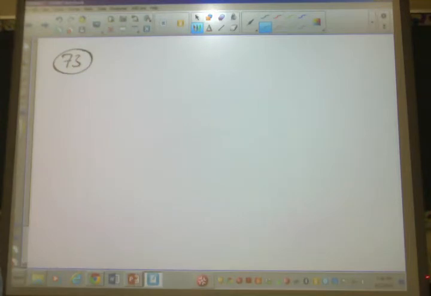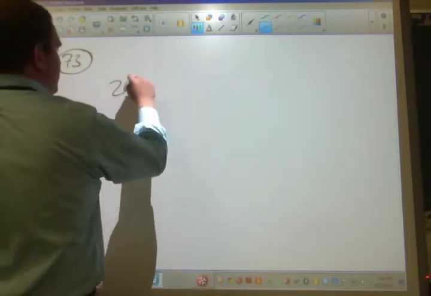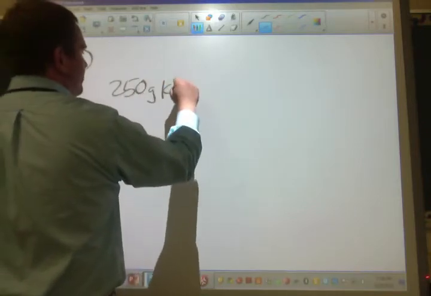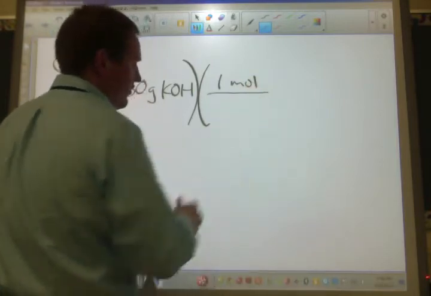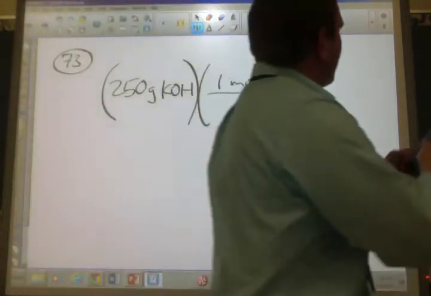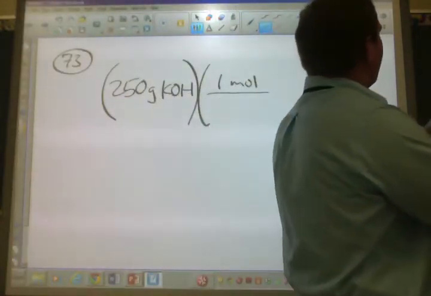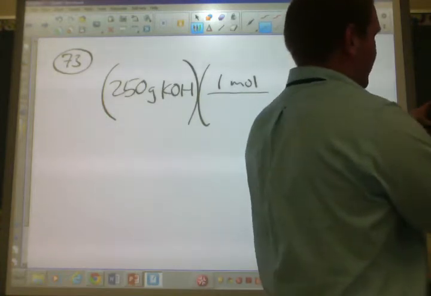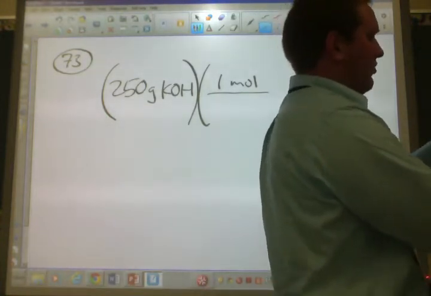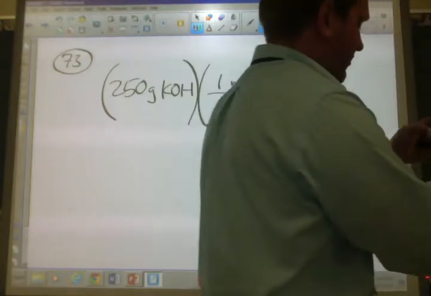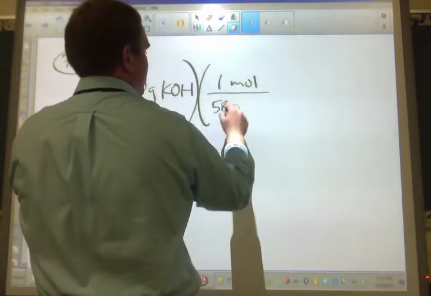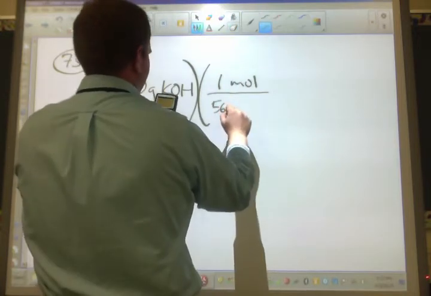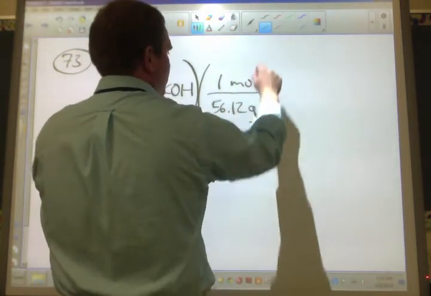How many moles of KOH are present in 250 grams? Nice and easy. 250 grams of KOH times 1 mole over, let's add it up. K is 39.0983 plus oxygen, which is 16, plus hydrogen, which is 1.008, equals 56.12 grams.